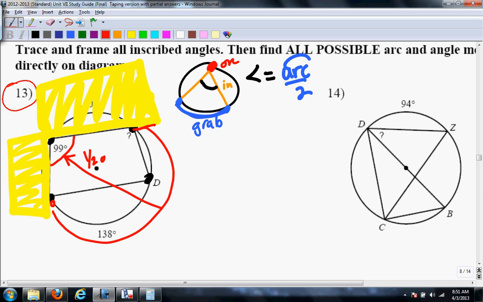So to get this on the outside, you simply double 99. We do 99 times 2. 2 times 9 is 18, plus 1, and we get on the outside 198.